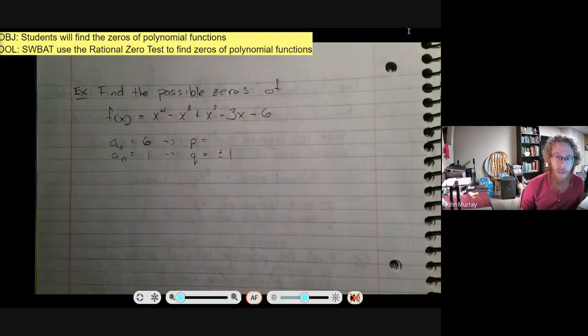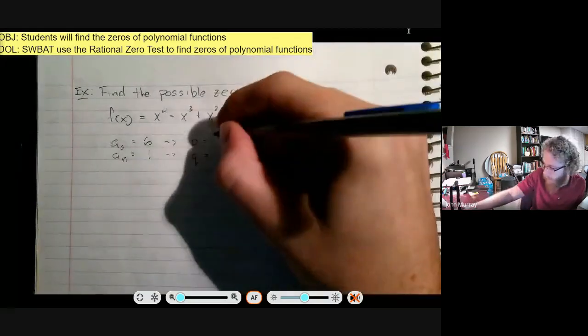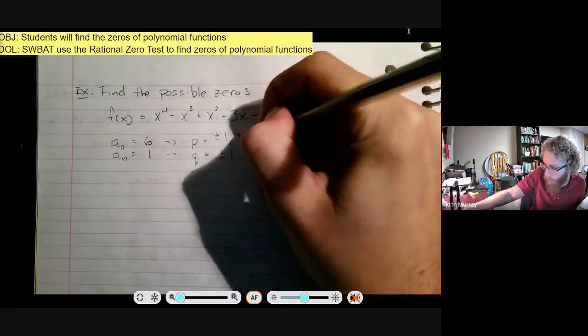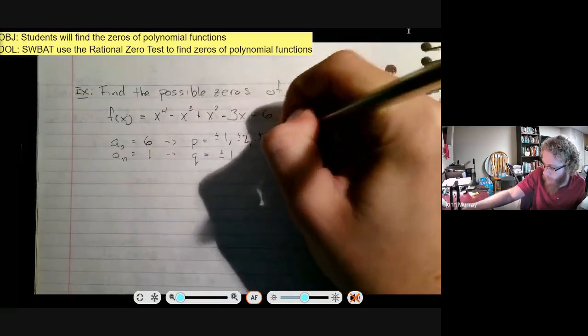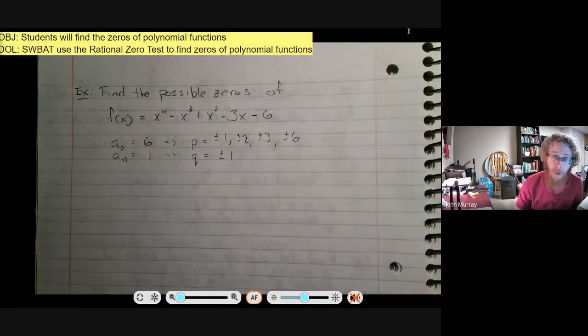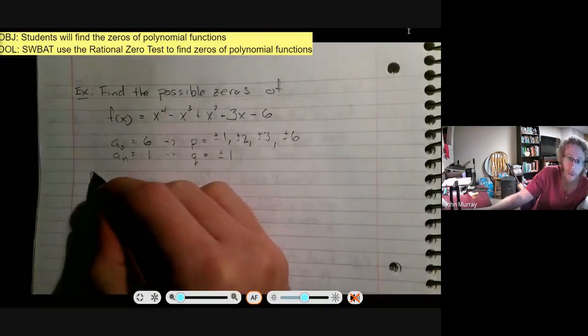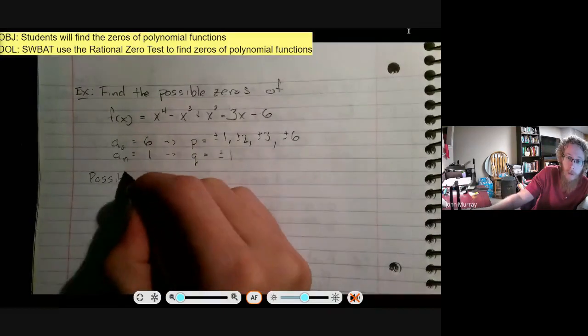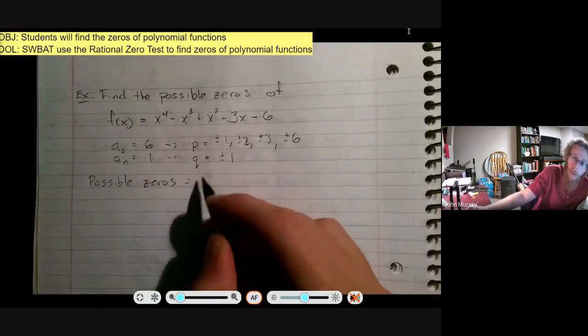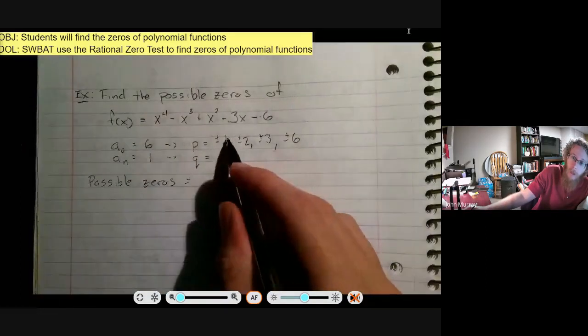So our factors of 6. Normally we like to write these in numerical order. It's not the end of the world if you don't. But we have 4 factors of 6, so we're going to have 8 possible zeros.